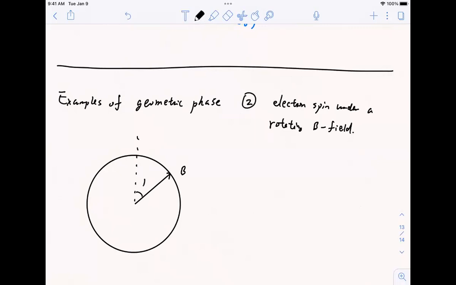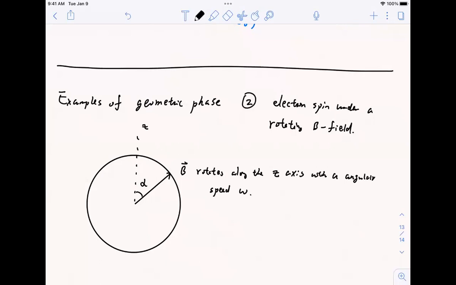This angle is called alpha, a fixed angle, and then the B field rotates along the z-axis with an angular speed omega.